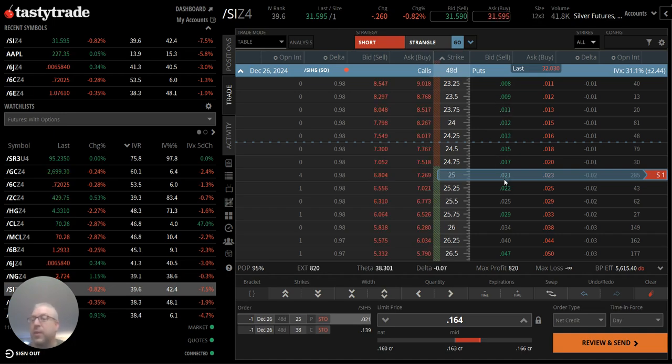So I picked the 25, selling a naked 25 silver put on one side. Remember, we're at 31. 25 is like a 30% drop. Remember that. If silver drops 30% in the next 40-something days, yeah, we could have a problem. But what are the chances? I'll show you the chances in a second. There's a 95% chance that it will not happen. But let's get back to this in a second.